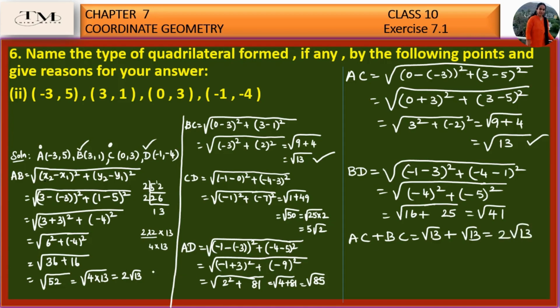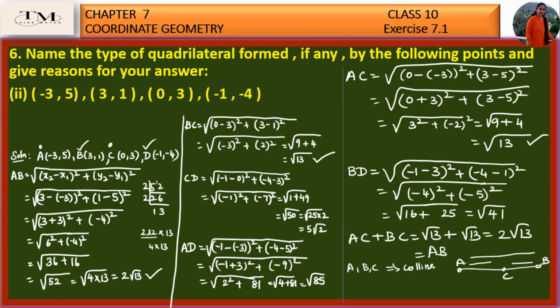So who got the value 2 root 13? AB. We are getting AC plus BC is equal to AB. That is, A and B are here and there is a point C. That means A, B, C are collinear.